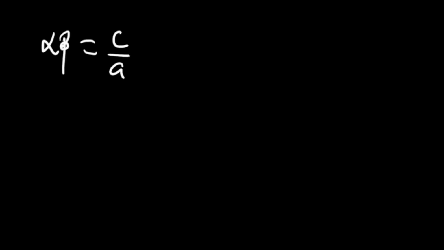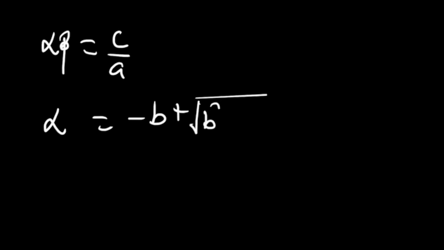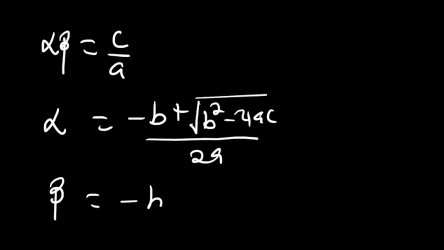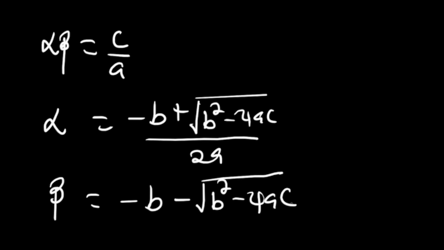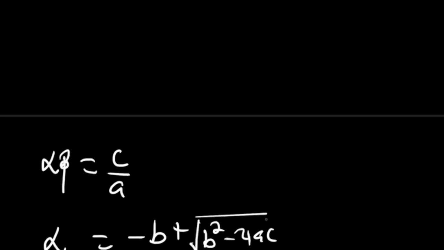We're also going to remember that we wrote initially that alpha equals the positive root, which is negative b plus the square root of b squared minus 4ac all over 2a, while beta is the negative one, which is negative b minus the square root of b squared minus 4ac all over 2a. They say we should prove that alpha times beta equals c over a. That means we are going to multiply them right now and see what we shall obtain. So let's do the multiplication.